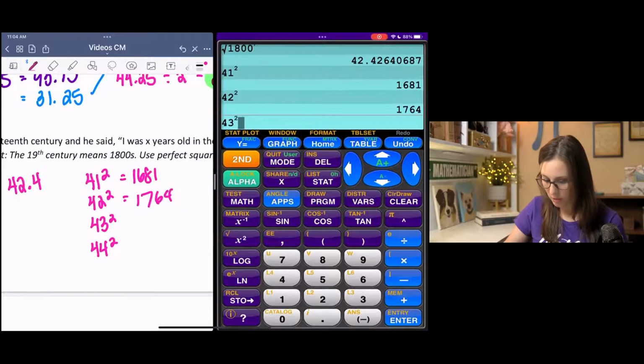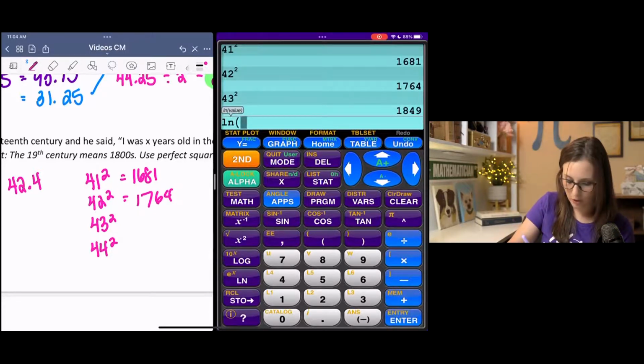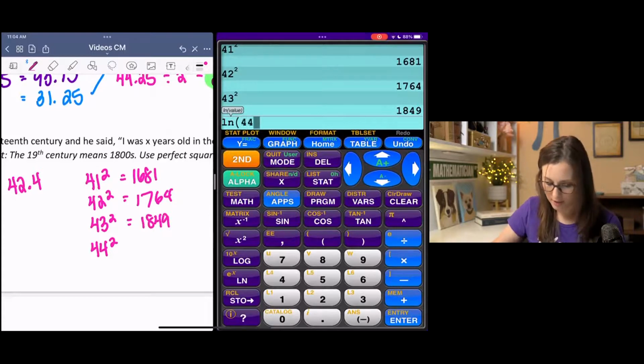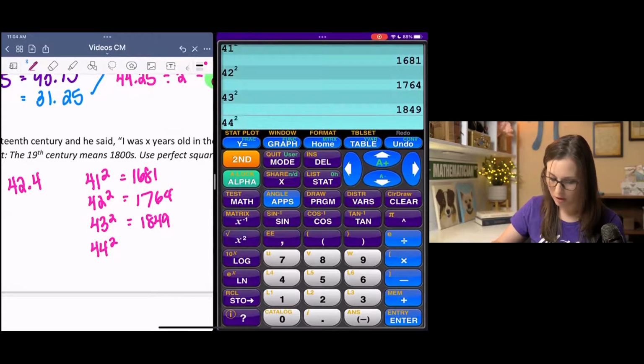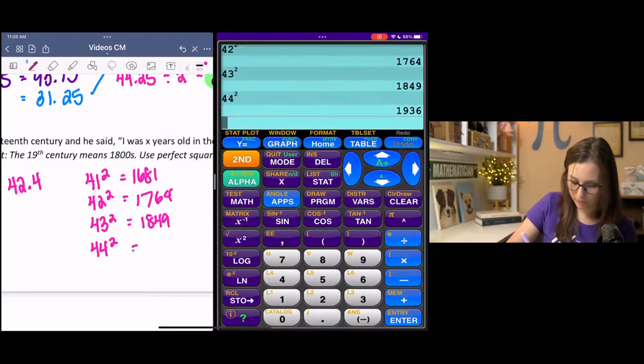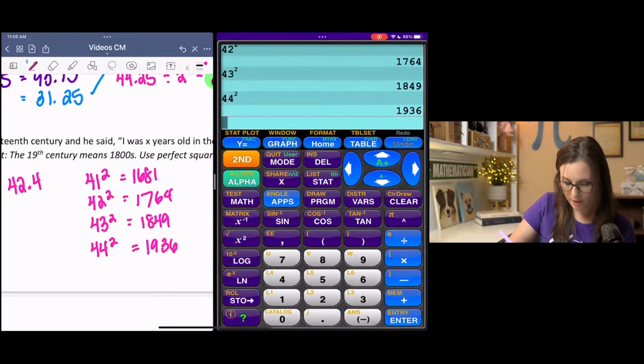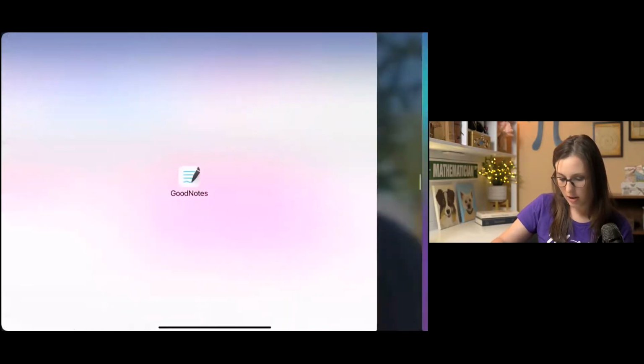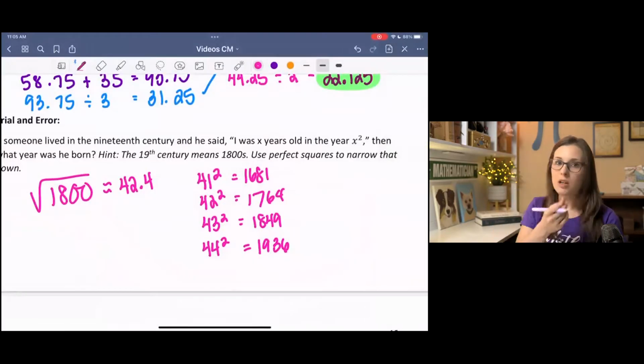I'm guessing this is going to be our winner. 1849. And I'm going to go one further just in case. 44 squared. That's too far.